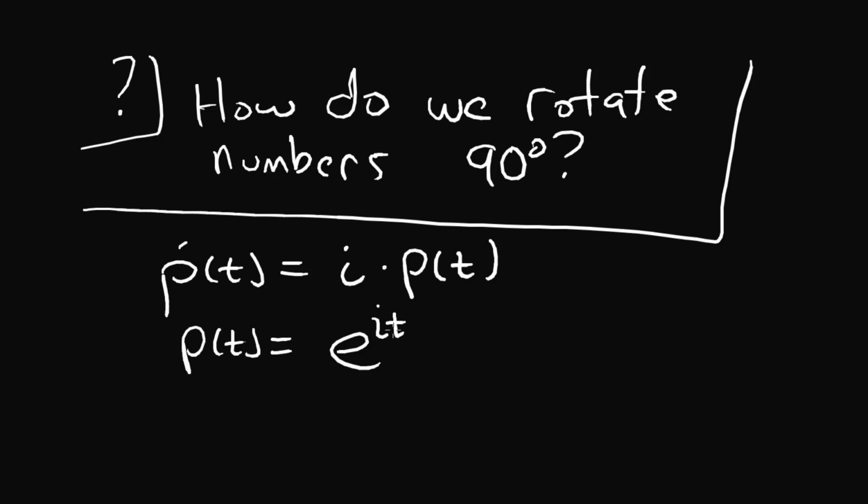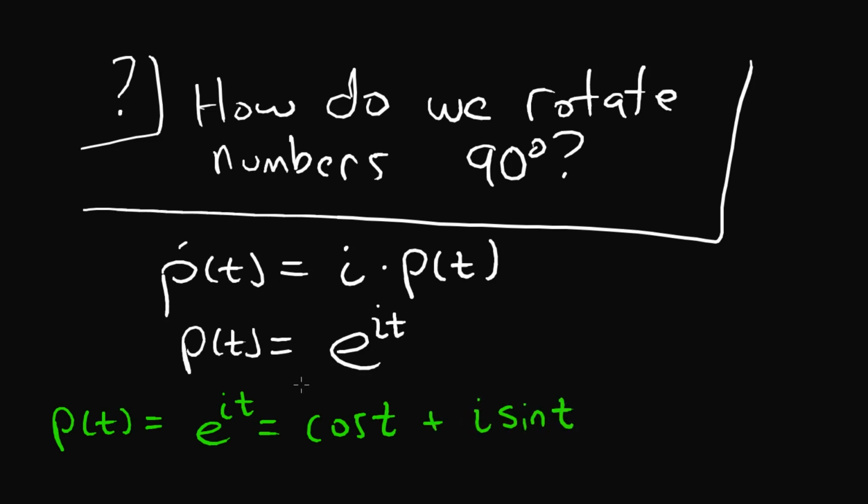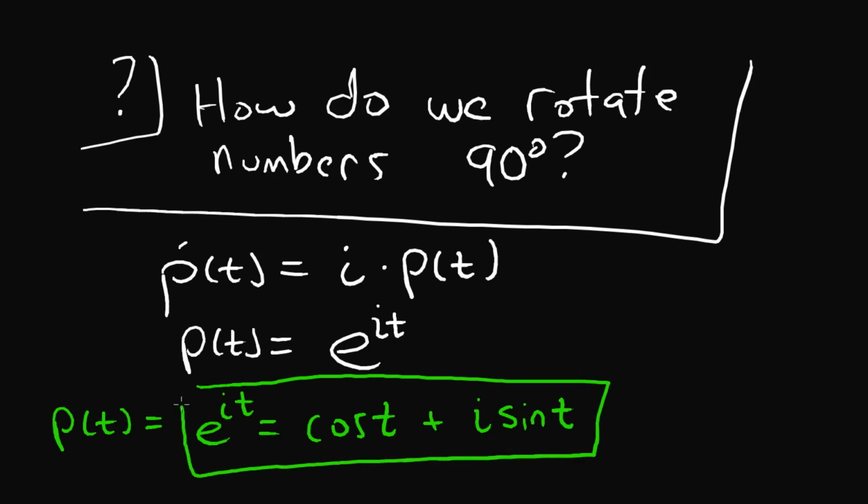So now we have a new expression for p of t, and combining it with the old expression gives us this. p of t, what we just derived is e to the i t, and from before we have cosine of t plus i sine t. Let me box this around. This is called Euler's Formula.